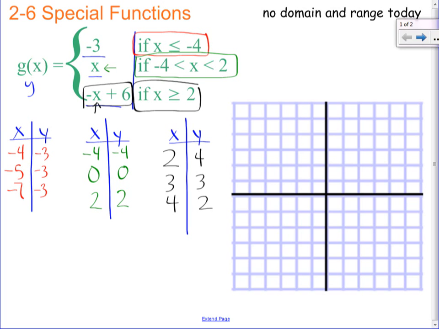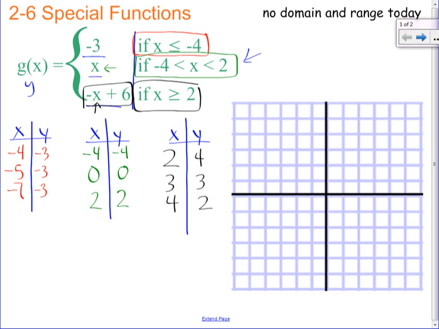Now, we have to worry about open and closed circles as well. Okay, so looking right here, we've got less than or equal to on this red one up here at the top. So is that going to be open or closed? Closed. There's only this situation right here where we're going to have open circles, right?